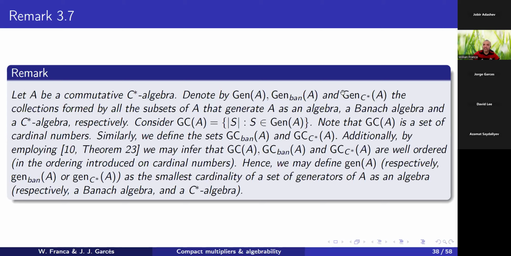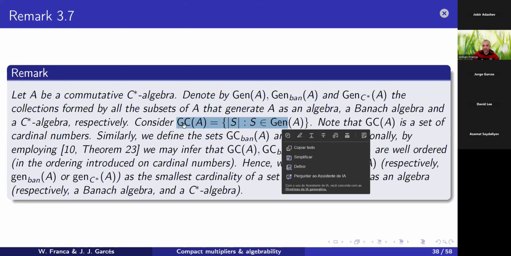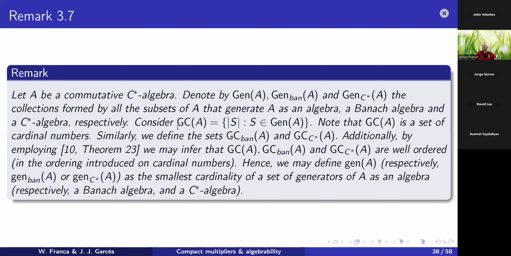From each set, we can consider the associated set of cardinalities of the generators. It is standard to show that this is actually a set as well, a set of cardinal numbers, and as a set of cardinal numbers, we can always find the smallest element.